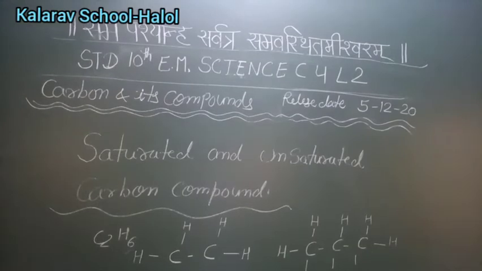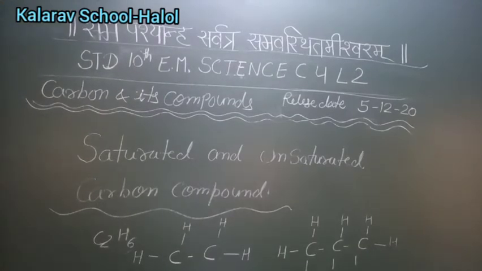Keep one thing in your mind: wherever a single bond is there, they are all examples of saturated hydrocarbons. It means there are no chances of further chemical reaction; it is over there.